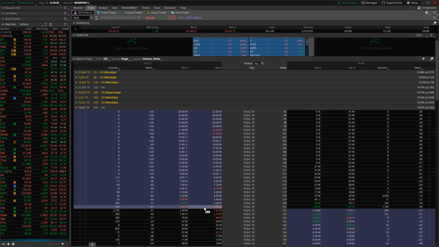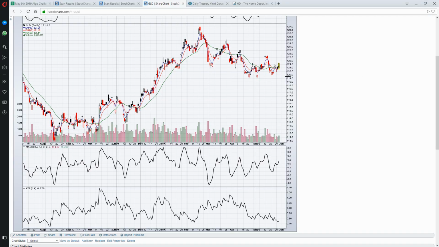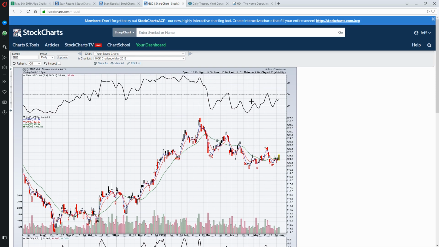And if it goes our way, we want to make sure we have plenty of reward potential over 100%. We'd need about a $3 rally to get that. A $3 rally would take it up here to about 124 and a half, which isn't anything outside the realm of possibilities. That's a very realistic price target here for it, and for gold overall.